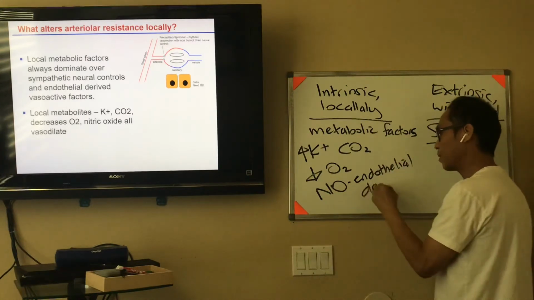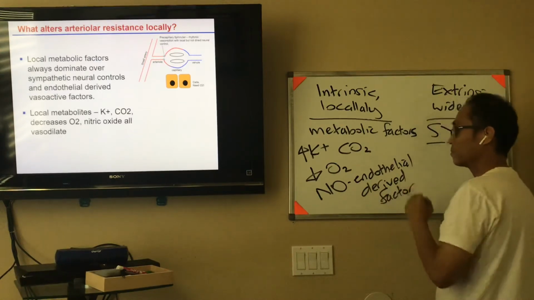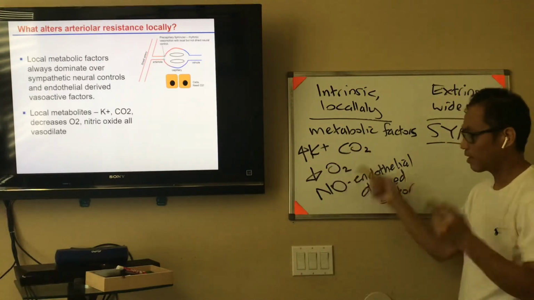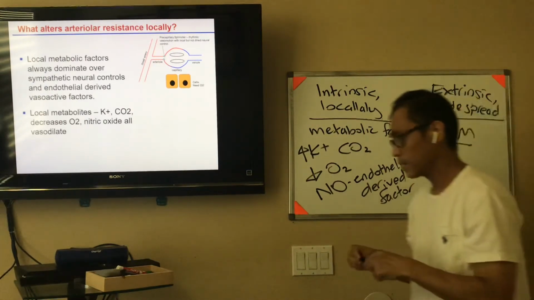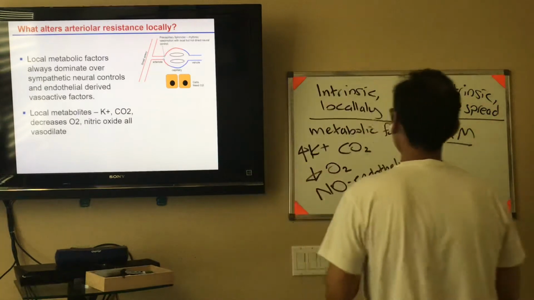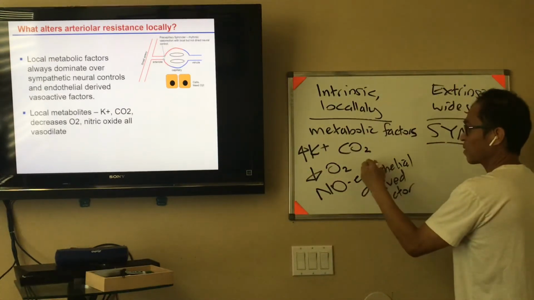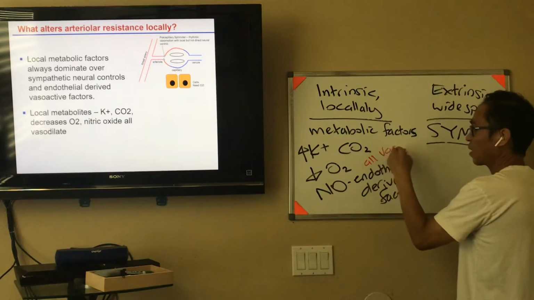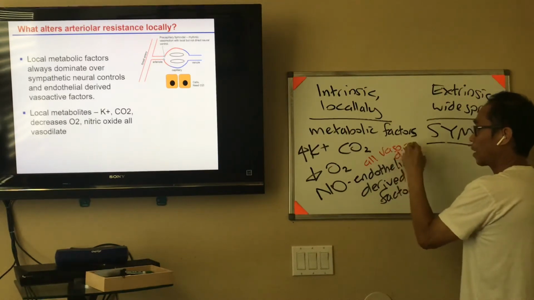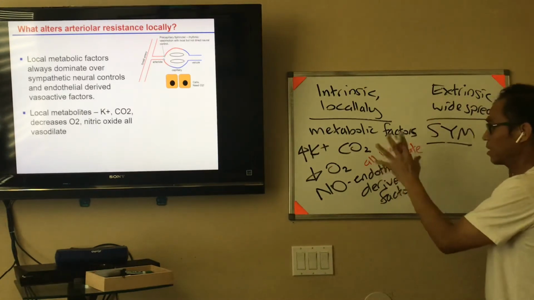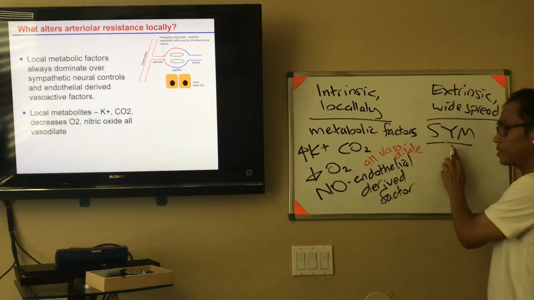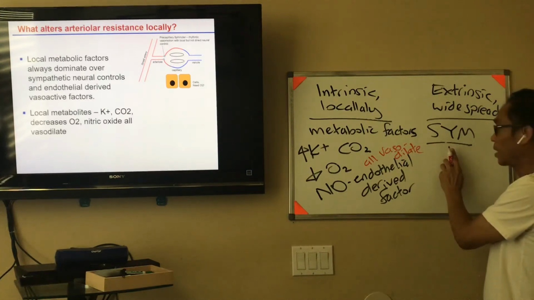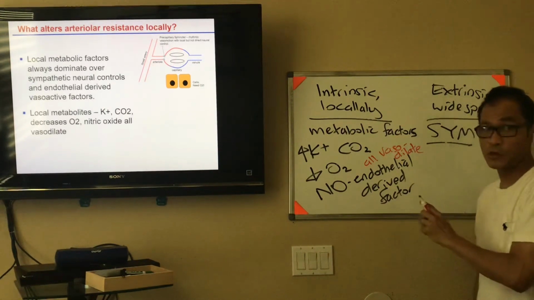So these things, 1, 2, 3, I give you a few things there to know. These all vasodilate to let the blood flow, and they dominate over any sympathetic inputs that may come into play.